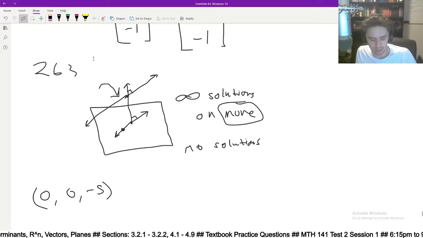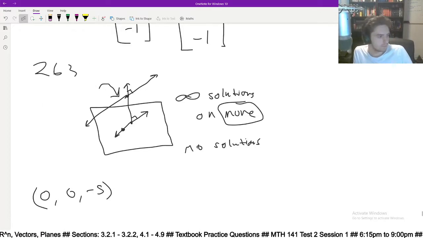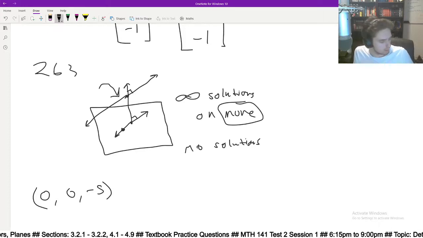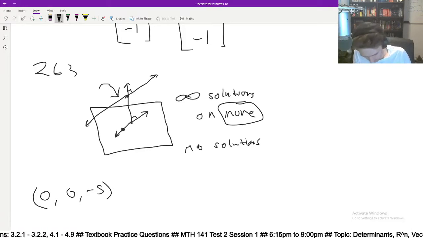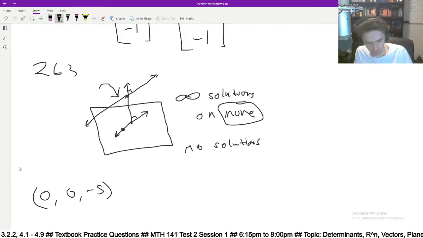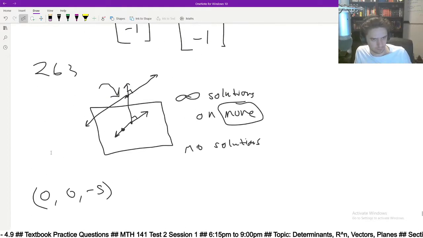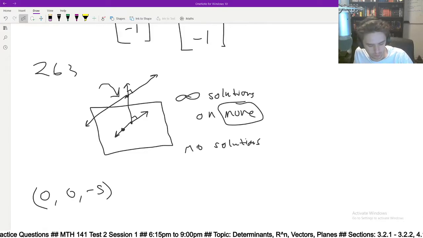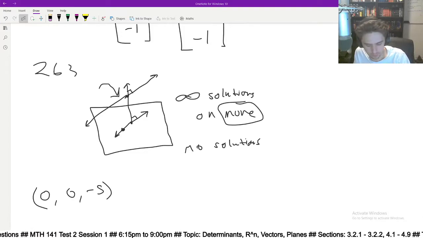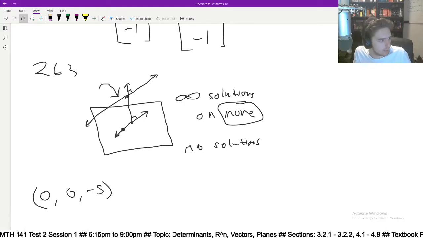Let's try D. Let me write the page for the answers just so I don't have to scroll up and down all the time. So the answers are on page 664. This was on 263. And I'm not on 263.